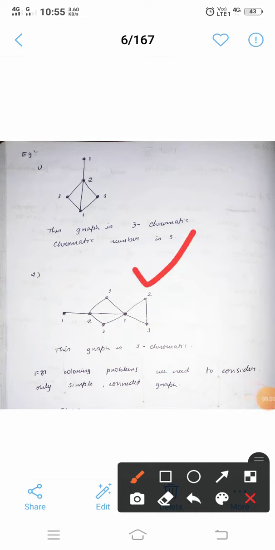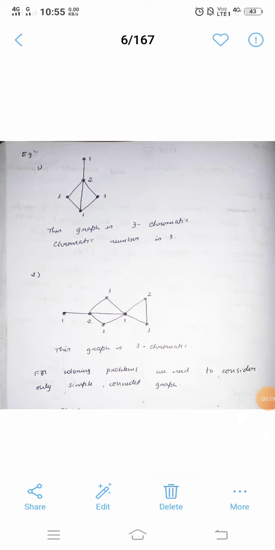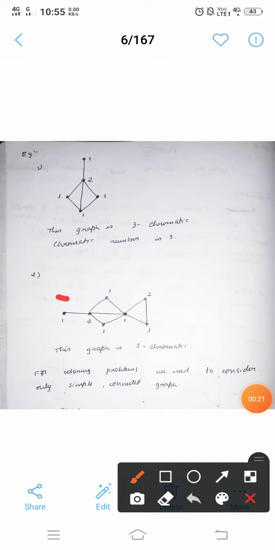Example. This is also an extension of this graph. Just a circuit is added here. See, I painted with color 1, second in the adjacent vertex with color 2. Here I can paint with 1.